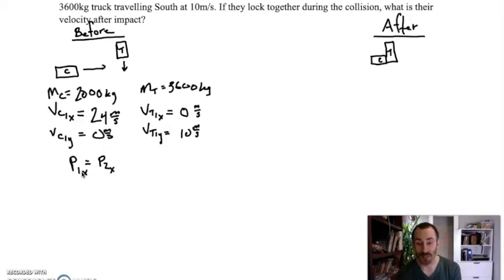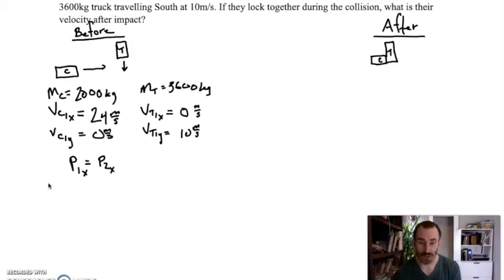The momentum at the beginning in total in the x direction is going to be equal to the total x momentum at the end. So we can just look at all the x momentums at the beginning, and that's just the car. The truck doesn't have any x momentum, so all of the x momentum at the beginning comes from the car.